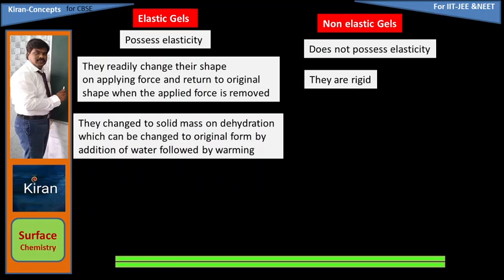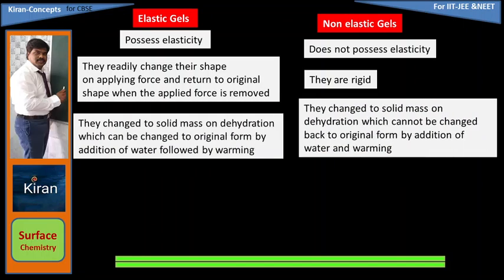Non-elastic gels are rigid. Elastic gels change to a solid mass on dehydration, which can be changed back to the original form by addition of water followed by warming. In the same way, non-elastic gels change to a solid mass on dehydration, which cannot be changed back to the original form by addition of water and warming.